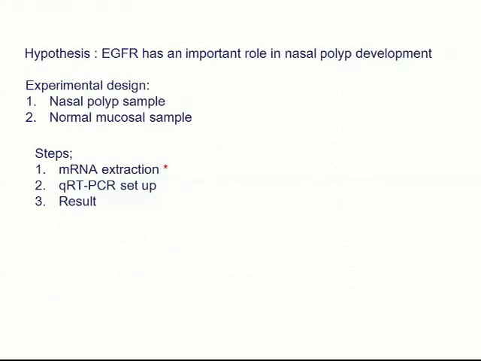After that general information on quantification and comparison, we can start another prototype RT-PCR application, which is QRT-PCR, quantitative RT-PCR. In that prototype, we will also use a hypothesis. The hypothesis is, let's say, is the EGFR expression level higher in a nasal polyp than in the non-polypoid, normal-looking mucosa?